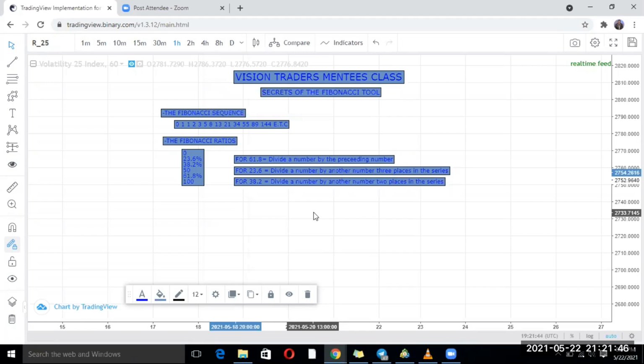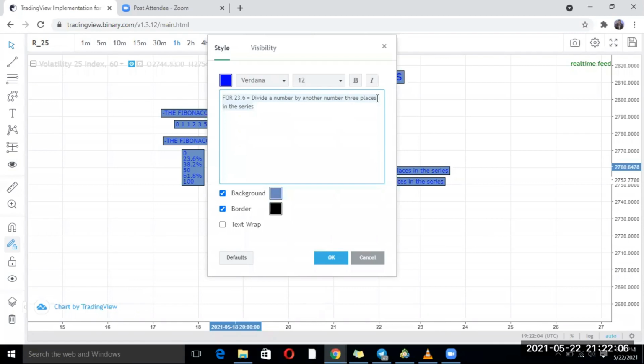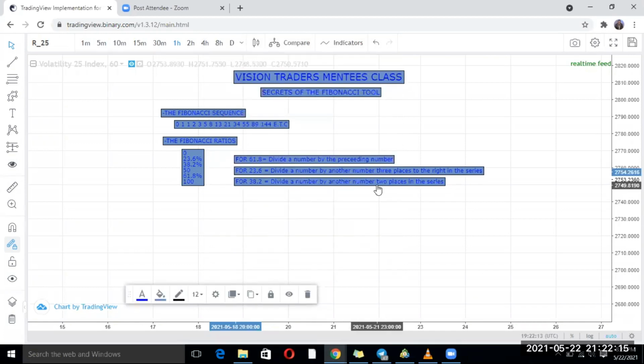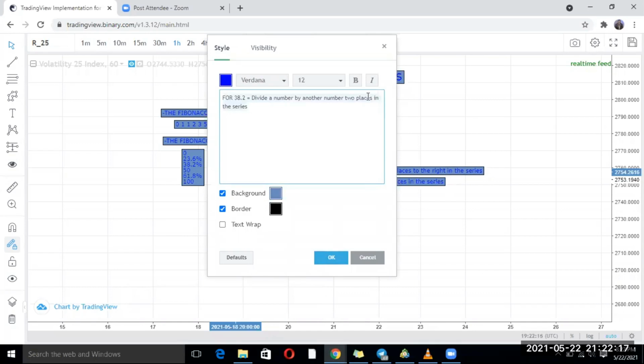Let's pick a random number, let's pick 3. The next number is what? 8. Picking 2 numbers, 2 places to the right, not to the left, to the right.